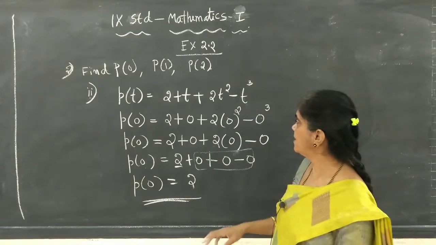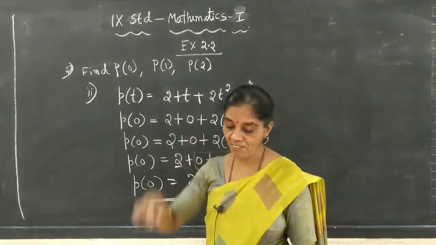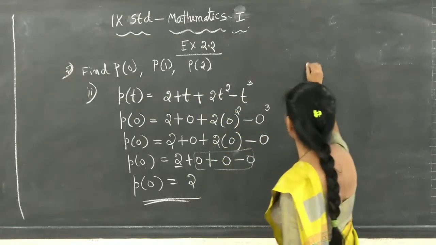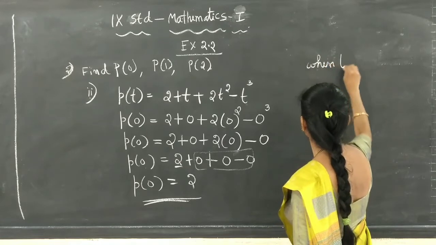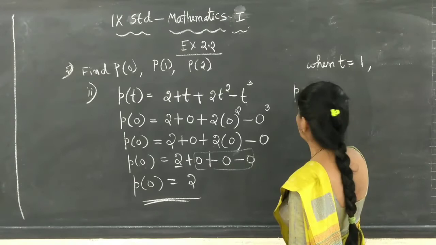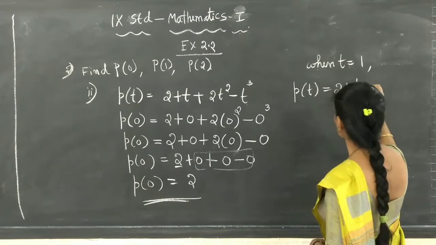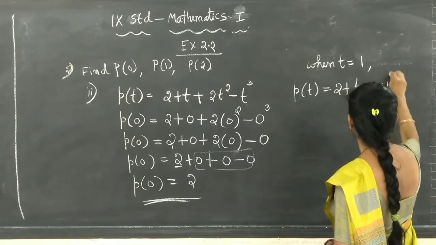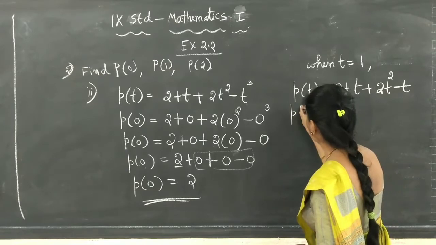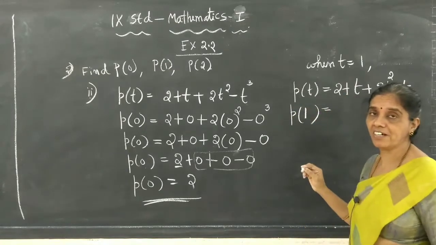Next we have to find the value of this polynomial when t value is 1. So here, write the polynomial as it is, then substitute t equal to 1. The polynomial p, the variable value you have to take is 1, right?